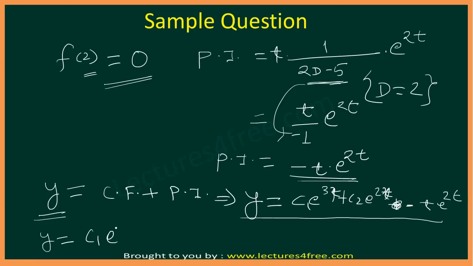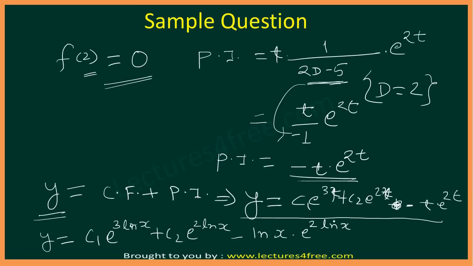So you will get y is equal to c1 e to the power 3 log, or ln, it's base e only, x plus c2 e to the power 2 ln x minus t. T means log x, e to the power 2 log x.